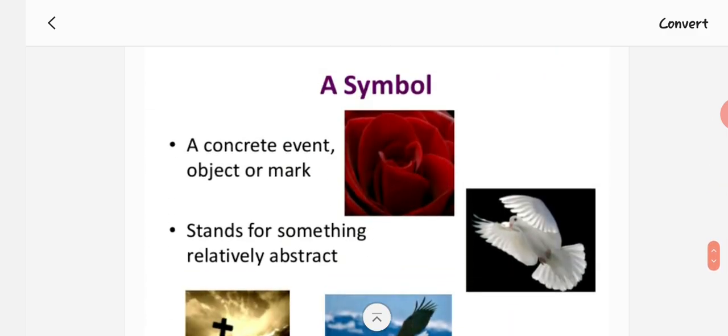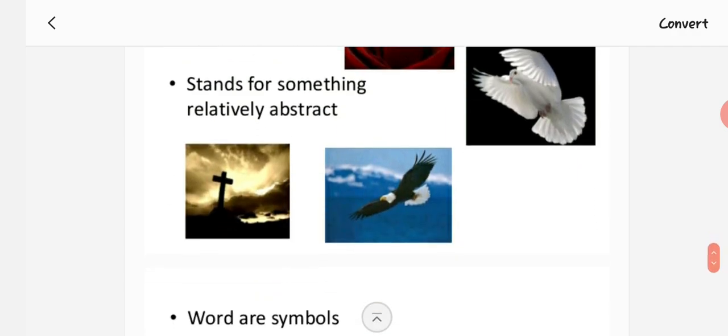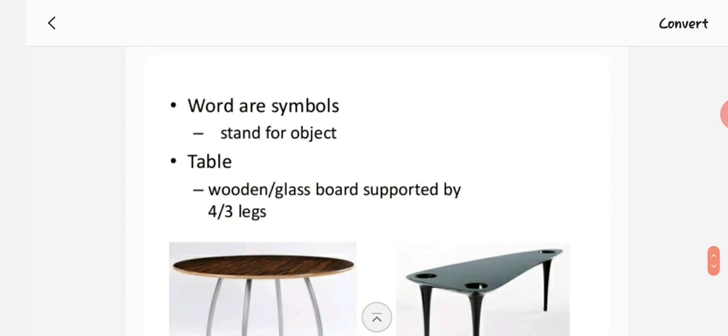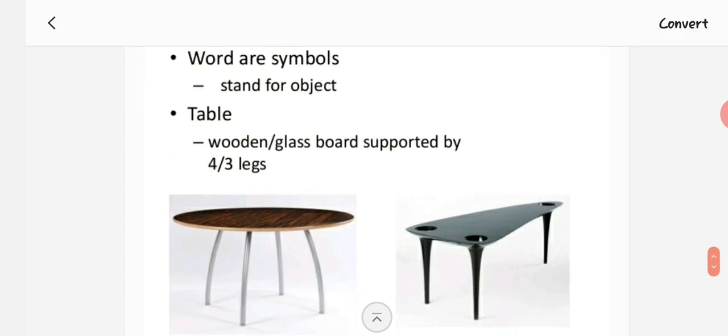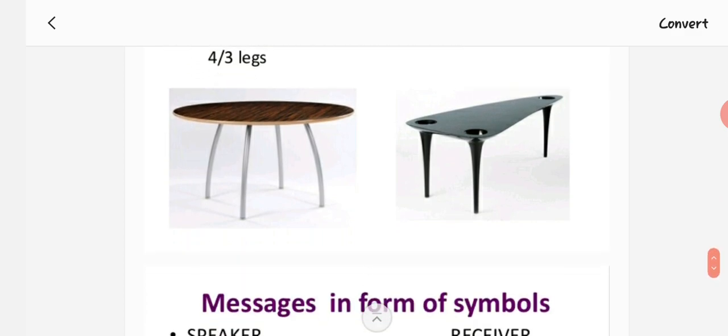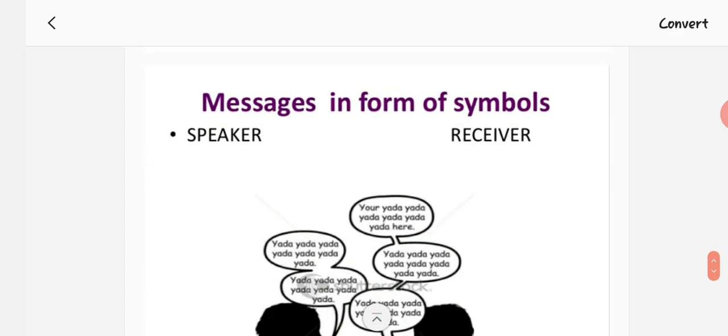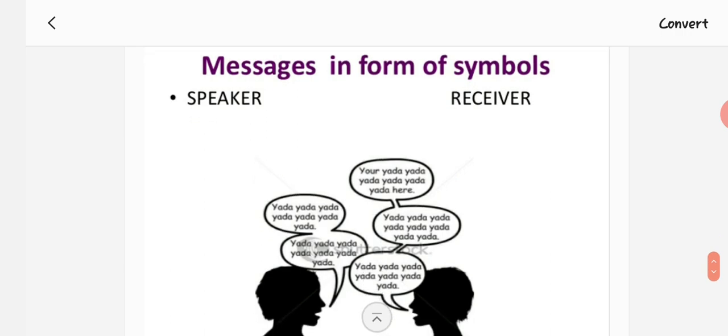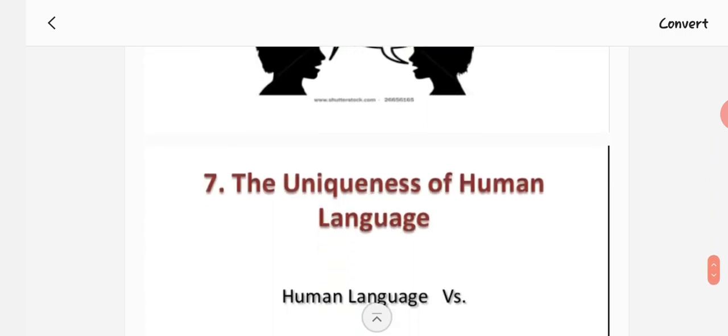Language is a symbol system, and it always marks concrete events and objects, and it stands for something relatively abstract. Words or symbols stand for objects like a table, a wooden or glass board supported by four or three legs, etc. And messages in the form of symbols, like speaker and receiver, can give their own messages.